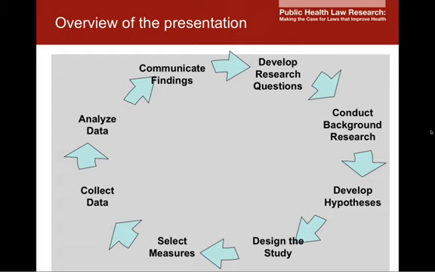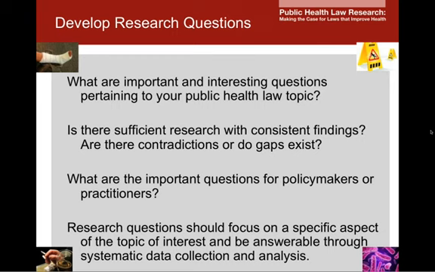With the hypotheses in place, the next step is to clearly define the research design and select measures. Once all of the planning is complete, you can begin to collect the data and analyze the data. Lastly, it's imperative to communicate the findings of your study, which quite often spark new research questions, and the process begins again. Now we'll go through each phase.